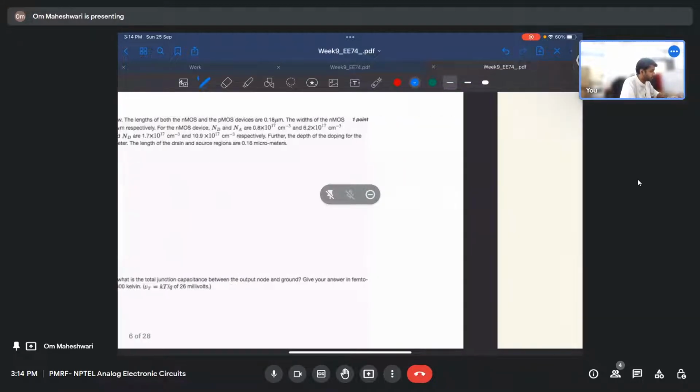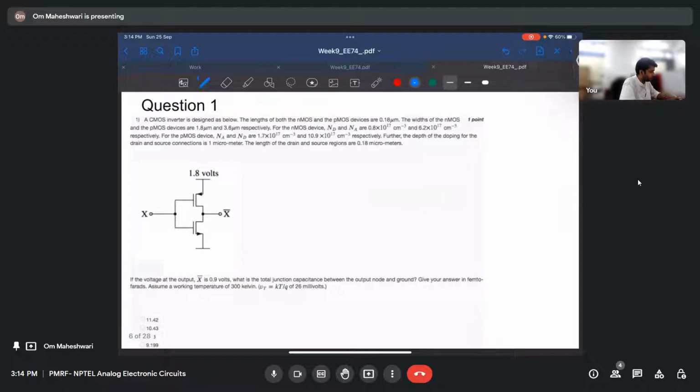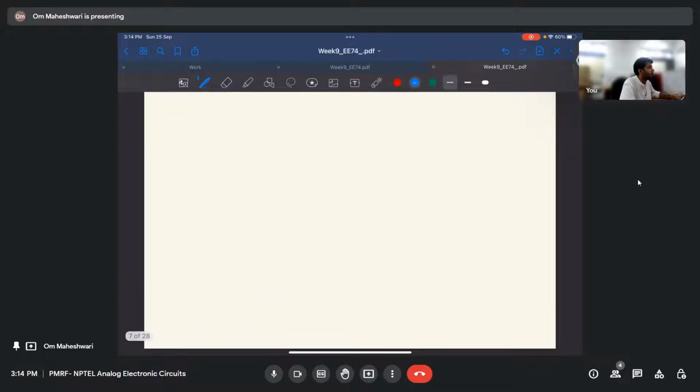So first question, we have to find the junction capacitance. Let me first draw. What do we know? There are some dimensions here.